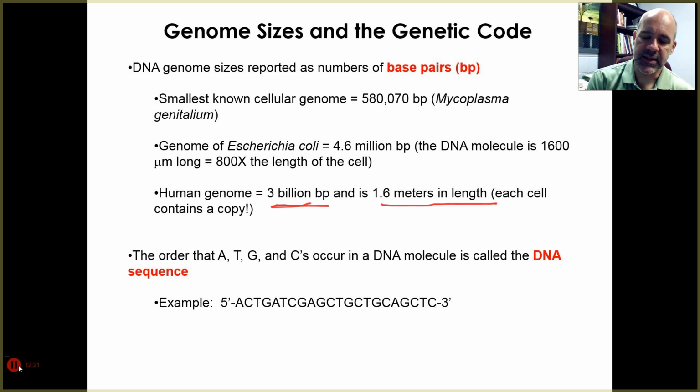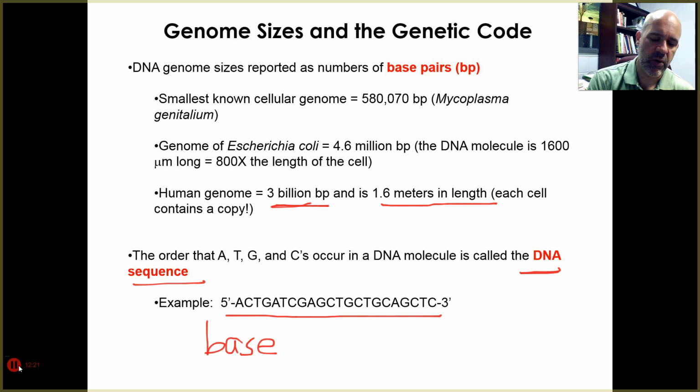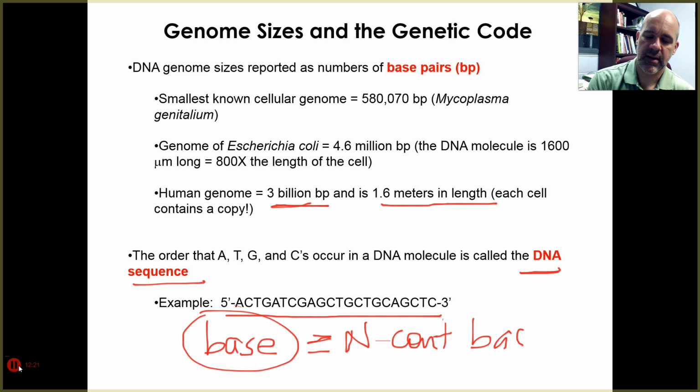Some additional terminology: the DNA sequence. All that is, if you have a DNA strand, what order are those nucleotides present in? And what's the AGCT letter code? Another term I want to emphasize with you with DNA and RNA. When you see this word base, that's referring to the nitrogen-containing bases.